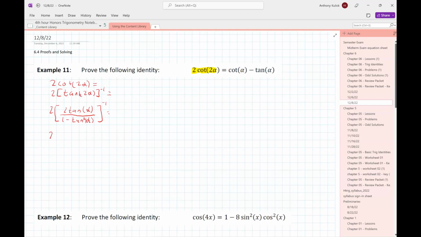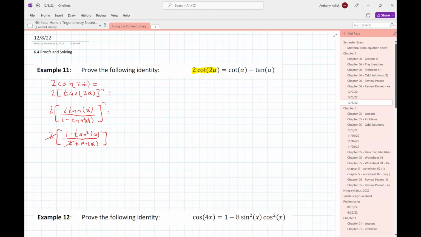So I'm going to go ahead and do the reciprocal now. I'm going to get rid of that -1 exponent by flipping the fraction. And now the 2's are going to cancel out.